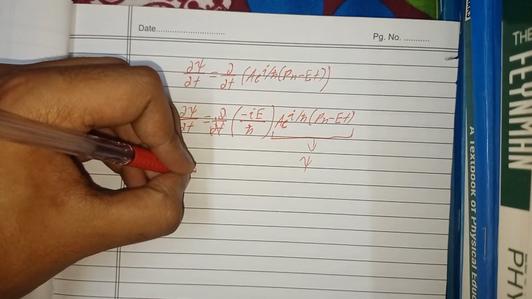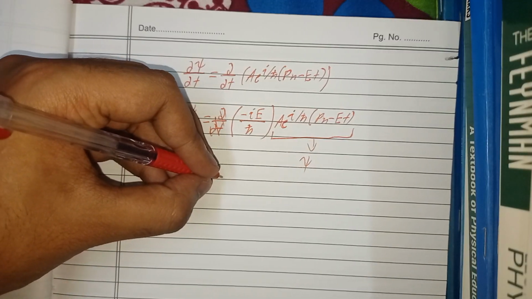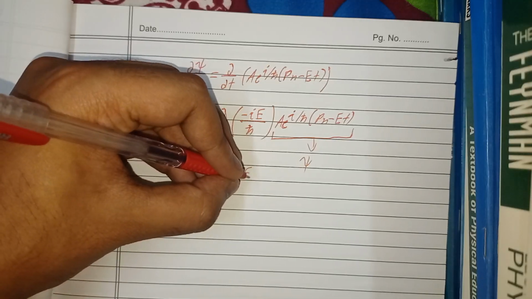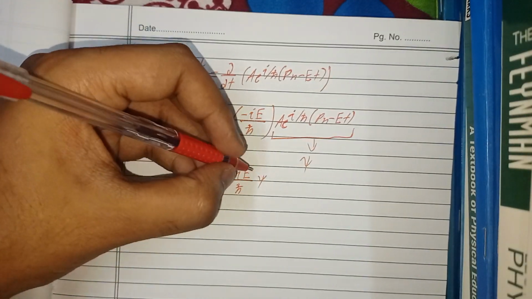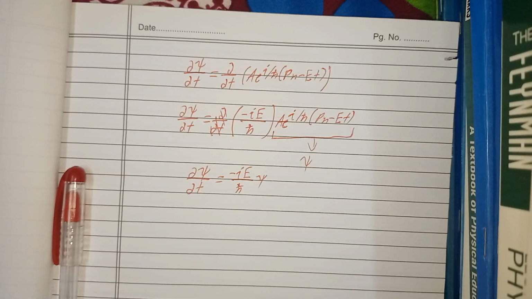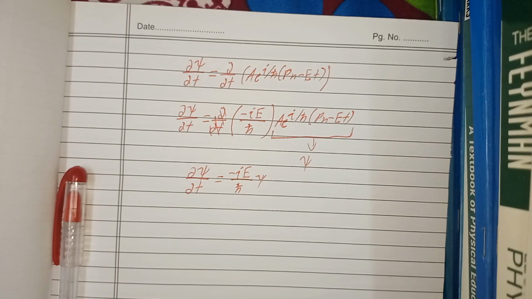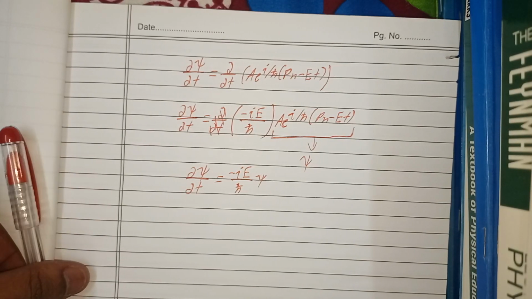So this partial differentiation of the wave function equals minus iE over reduced Planck constant times the wave function. Now we are closer to the energy operator. Why energy operator?